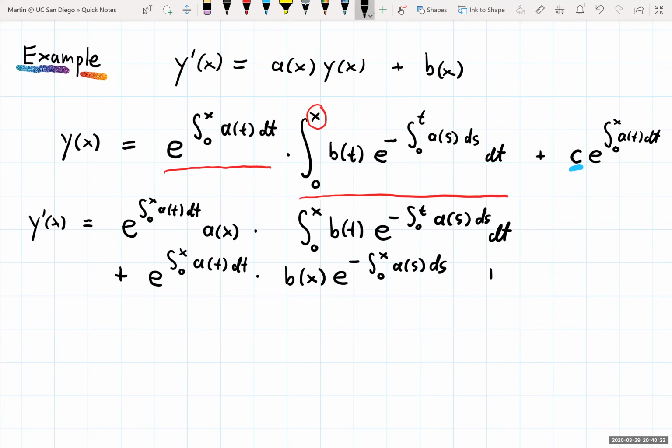And back here we still have this factor of this integration constant, c times a of x times the exponential from 0 to x of a of t dt.